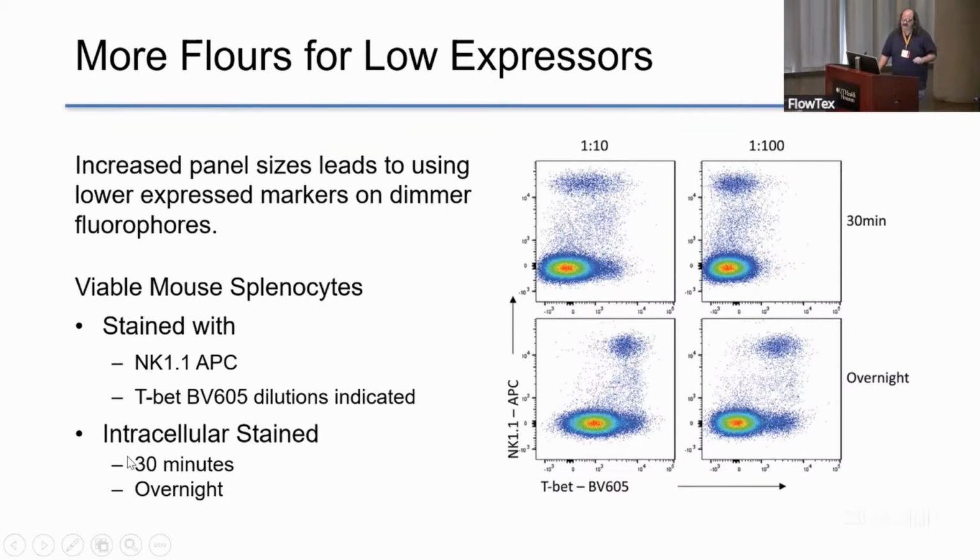We did intracellular staining for either 30 minutes or overnight, and we used a 1 to 10 dilution or a 1 to 100 dilution. As you can clearly see, I'll just cut to the chase: if you have an overnight with a greatly reduced amount of antibody used, you have a lot better resolution of your T-bet in your NK cells.